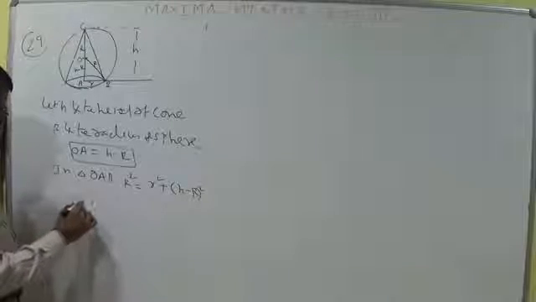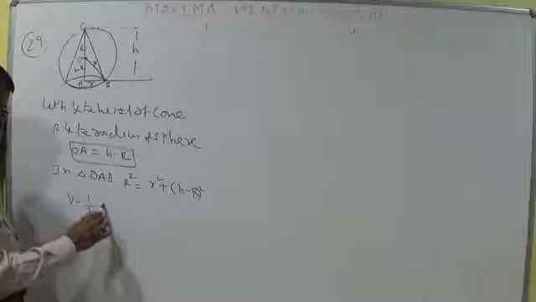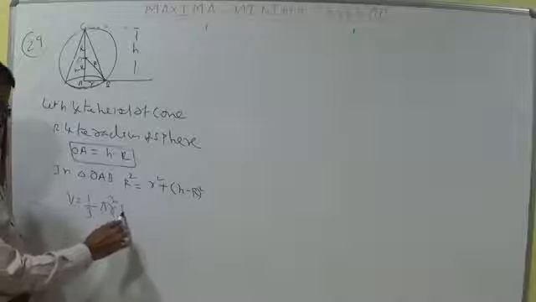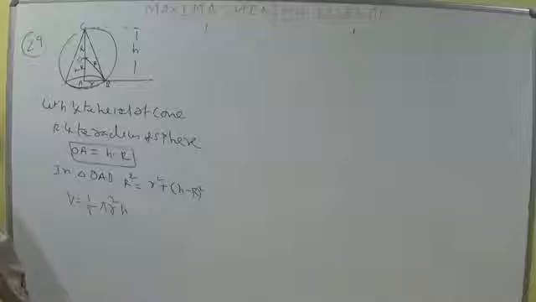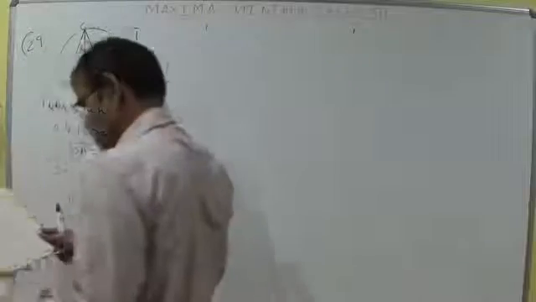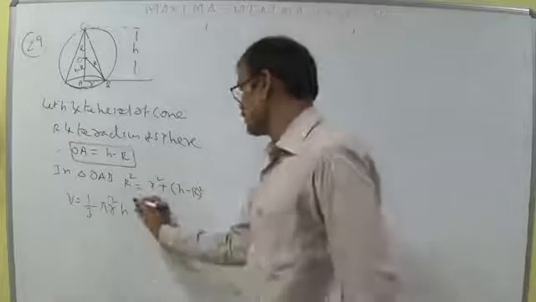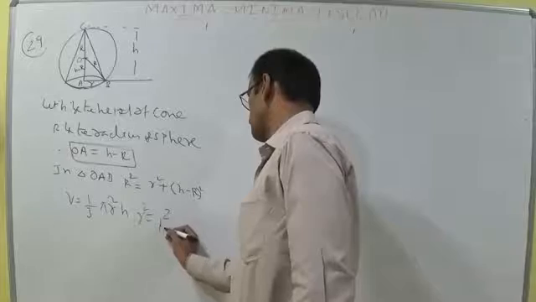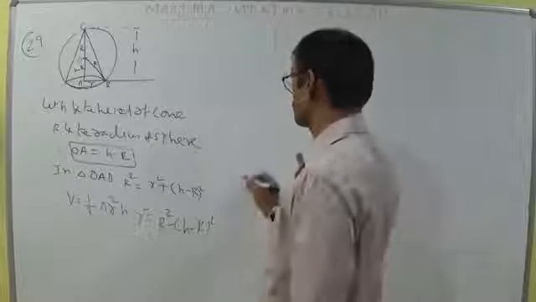Now V is equal to volume of cone I am writing. V is equal to 1 by 3 pi r square H. Using this one, you can write here small r square is equal to capital R square minus H minus capital R whole square.